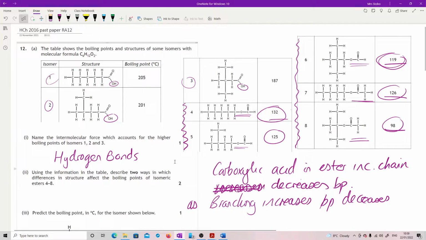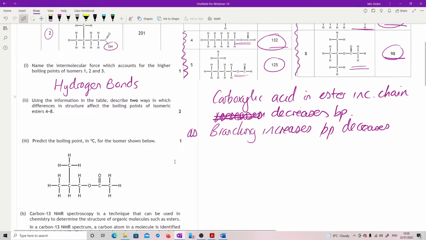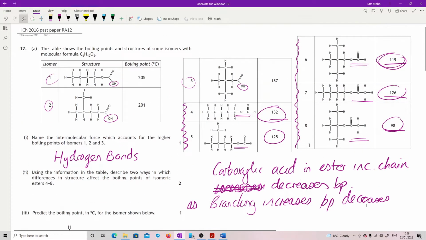Predict the boiling point in degrees C for the isomer given. So this is the one that's missing in the set. So we've got 1 branch for the ethanoic acid being the parent acid. So we're somewhere in between these 2 is the idea.